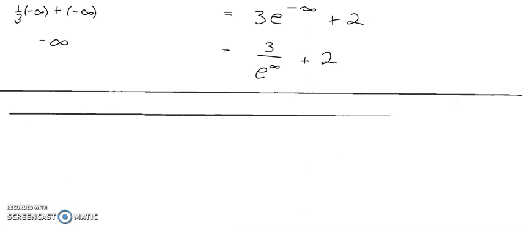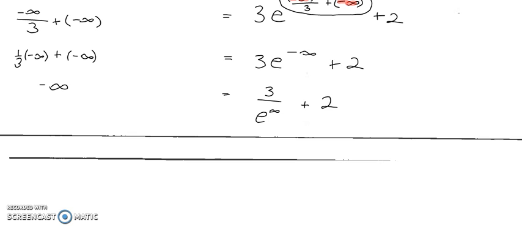Now, before I go further, I want to make sure that you know that e to the infinity is just infinity. So what we have here is 3 over infinity plus 2.